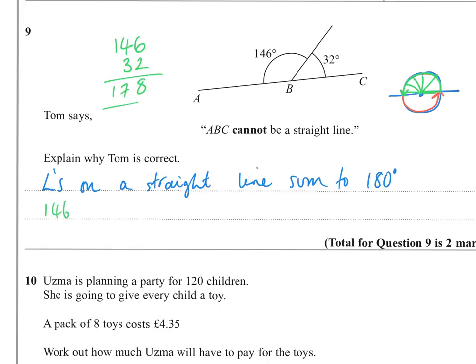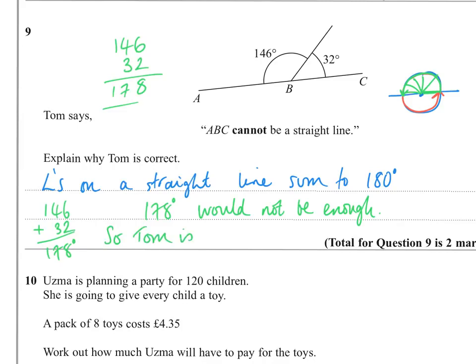So if you write 146 plus 32 is 178 degrees, 178 degrees would not be enough. And then I would end up saying, so Tom is correct.